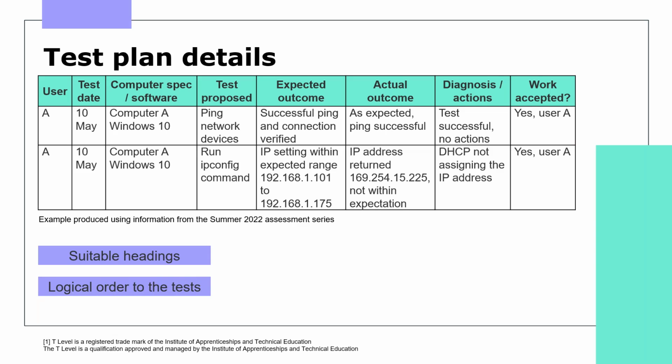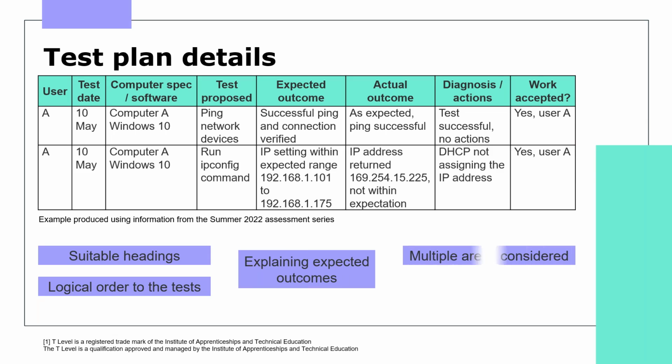The order of the tests have got a good logical or perhaps hierarchical structure, with the expected results being clearly explained, with a range of tests for multiple aspects or elements included, and the confirmation test needed to ensure the issue has been fully resolved, which may extend to long-term solutions too, to completely resolve or even prevent this fault from reoccurring.